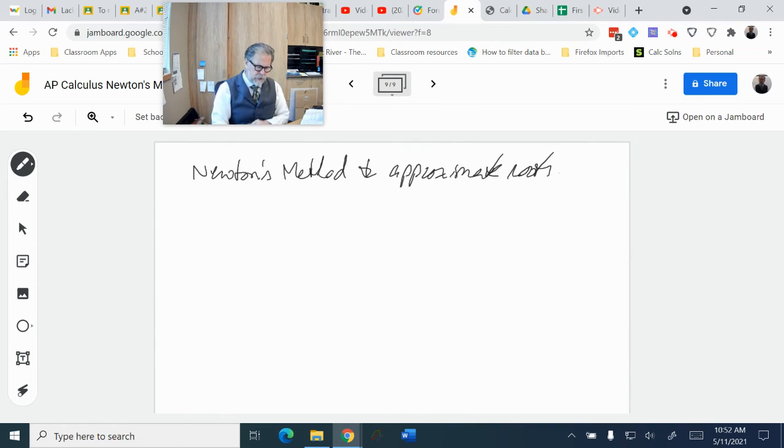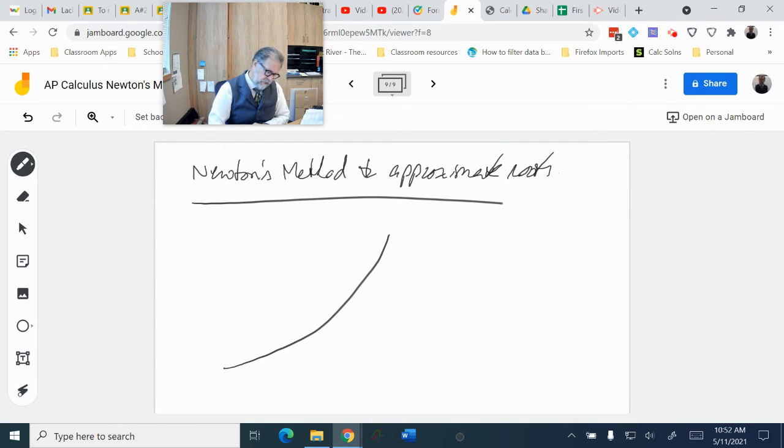And finally, Newton's method to approximate roots. And again, Newton's method said if you're looking for a root that's right here, you pick some nearby value, you linearize, and you find the root of the linearization, which allows you to then linearize at that root and find the root of that linearization.